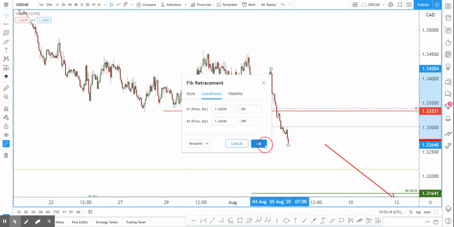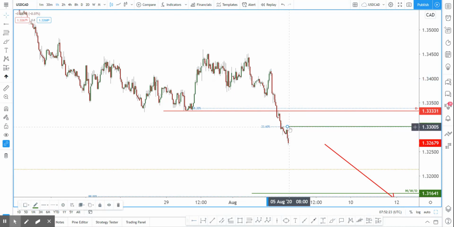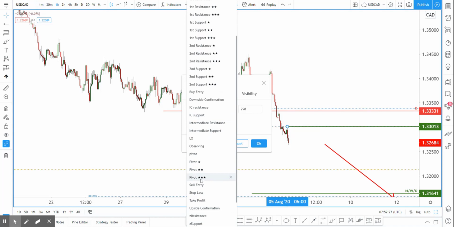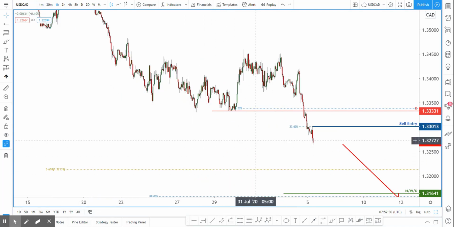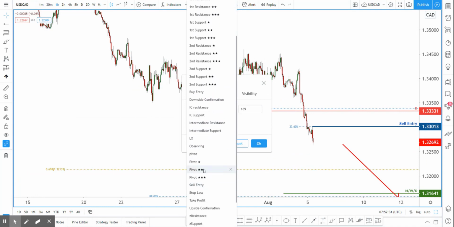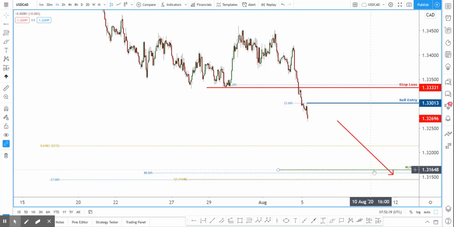Here, at the 23.6, there's a graphical level. So if price makes that pullback, the 23.6 could very well be the sell entry, followed by the 38.2 as the stop loss, and then this being the target.